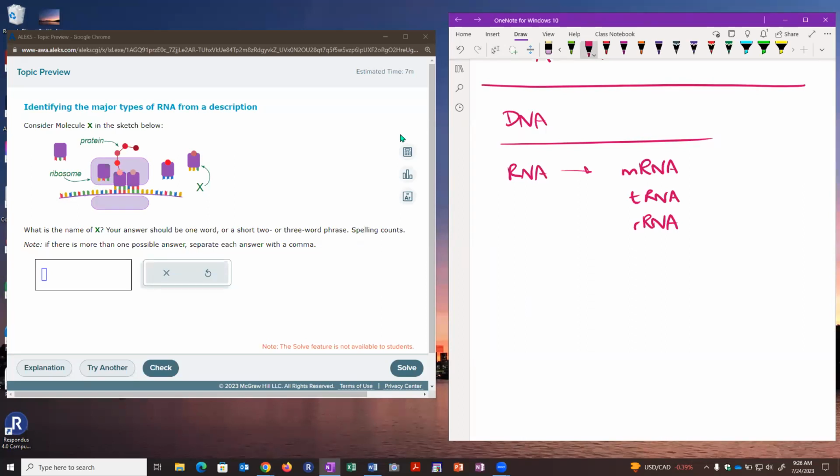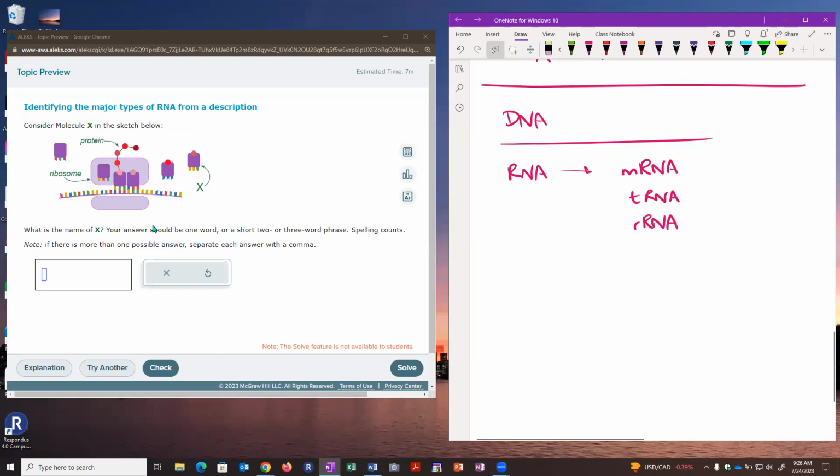So in this particular problem, you're given a description or a diagram, and you have to identify what type of RNA that thing is. It says, consider the molecule X, which is this thing here. What is the name of X? And the answer should be one of these options for RNA.